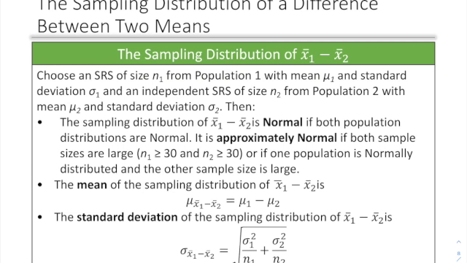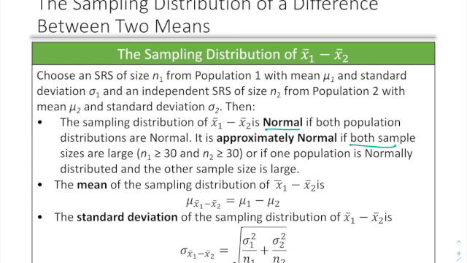The resulting sampling distribution of the differences of means is normal if both population distributions are normal, or approximately normal if both sample sizes are large, meaning greater than 30, or if one population is normal and the other is large. Also, if you don't know the population distribution or the sample size is not large, then you can graph the data, and as long as there is not strong skewness or outliers, we can say it's approximately normal.